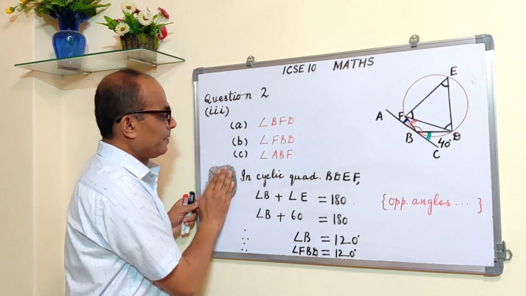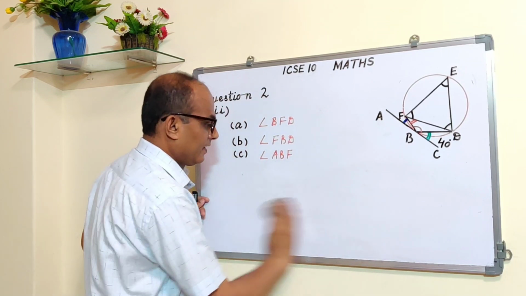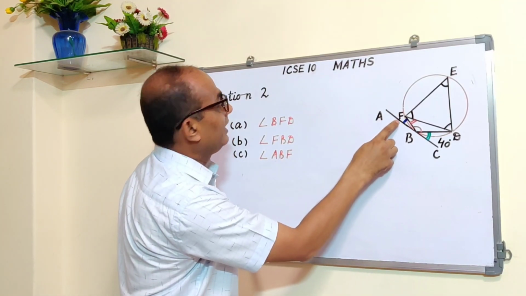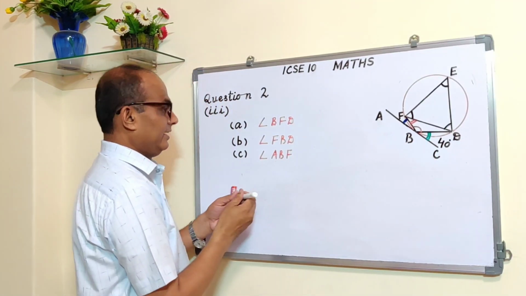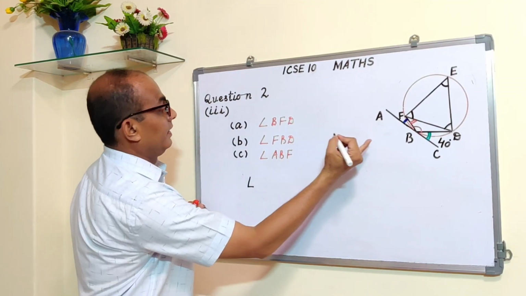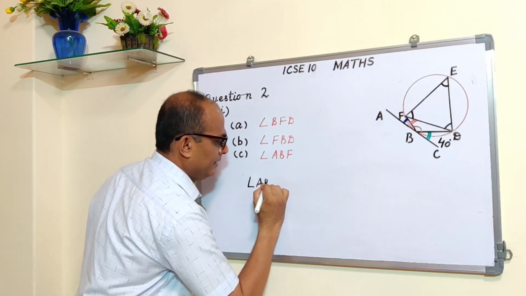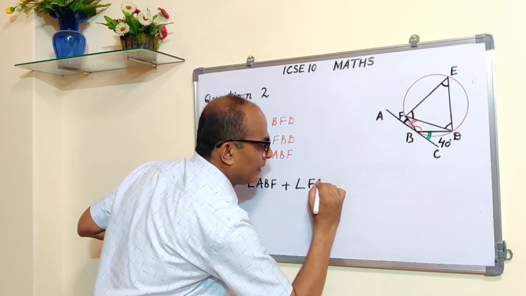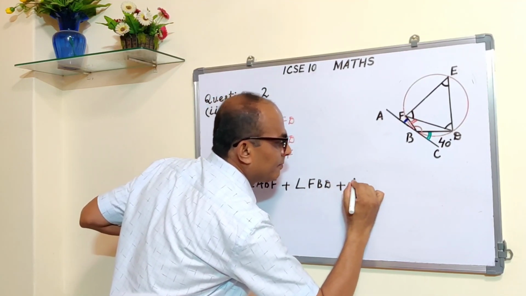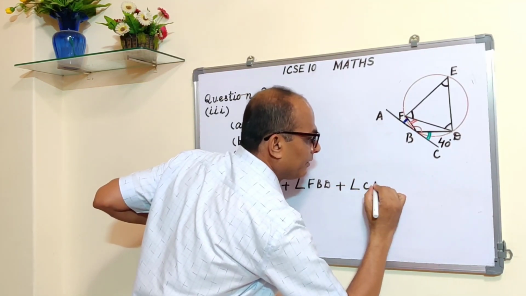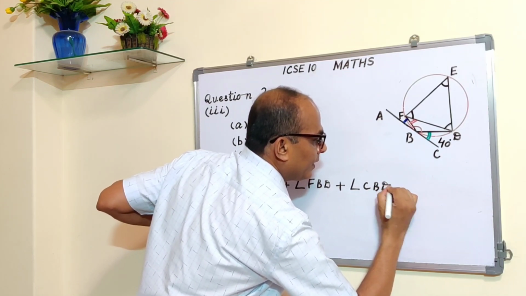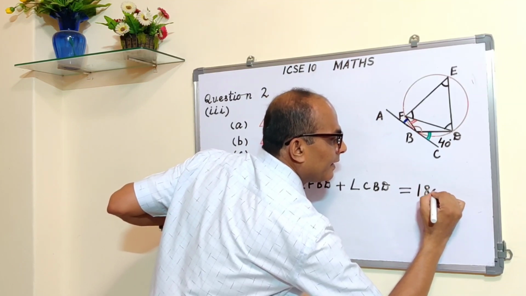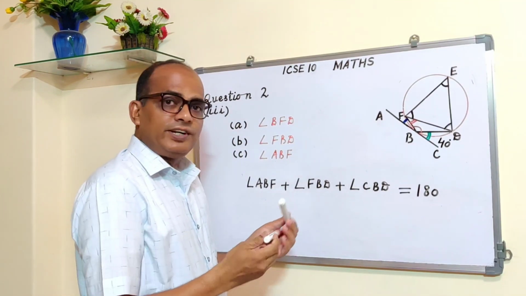So we can write down: angle ABF plus angle FBD plus angle CBD, and the sum is 180 degrees. Reason: angles on a straight line.